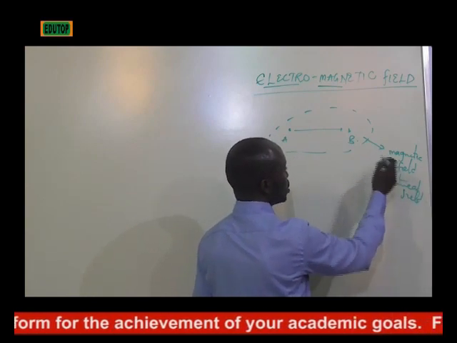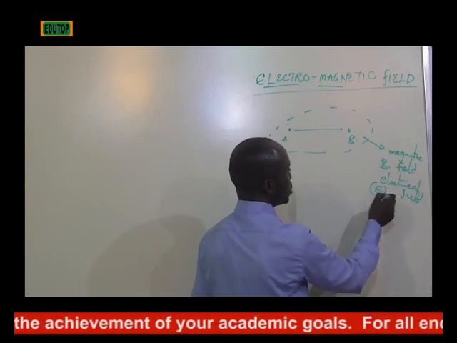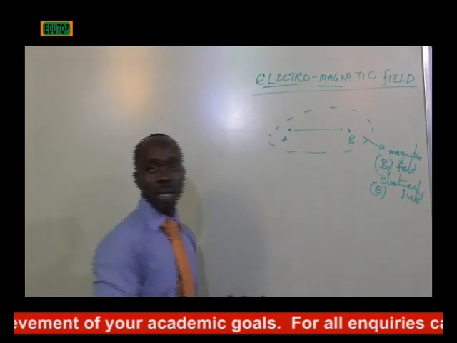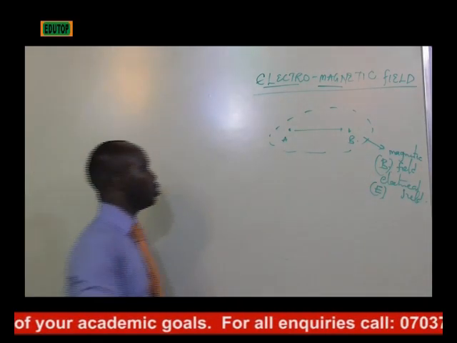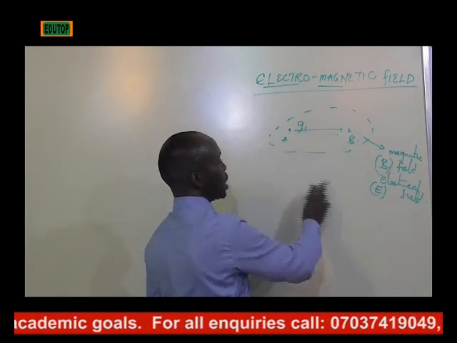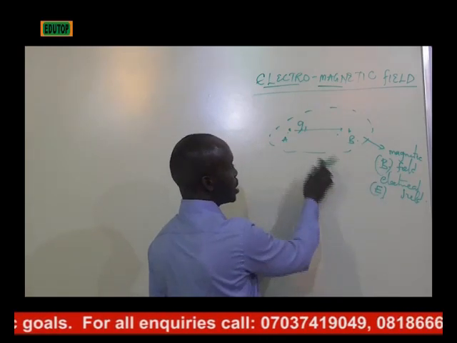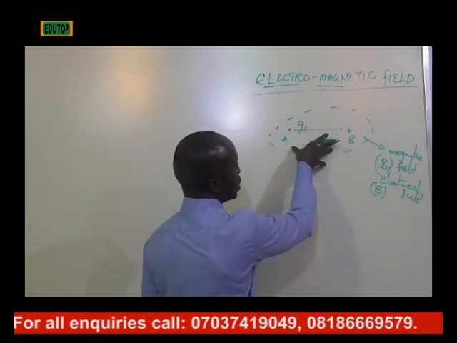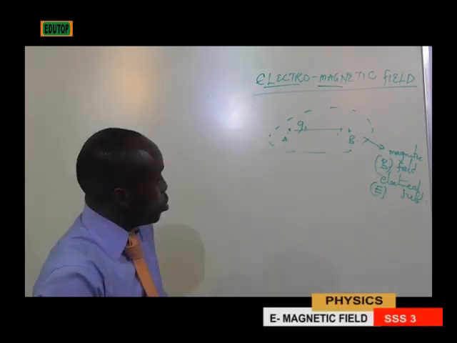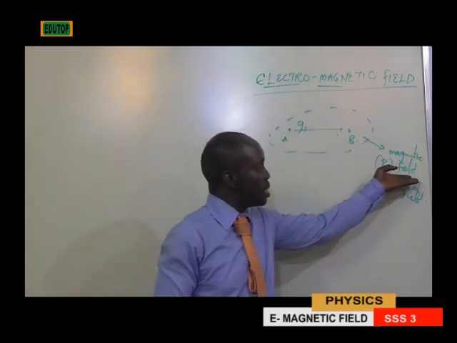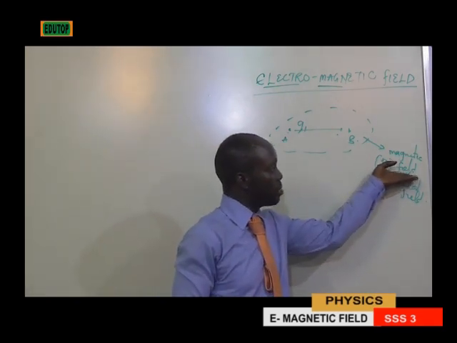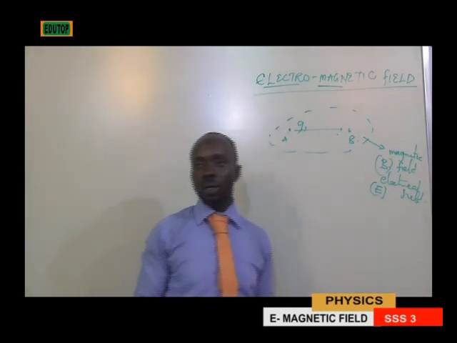Your magnetic field is denoted by B, while your electric field is denoted by E. So definitely Q will experience the properties of both a magnetic field and an electric field.